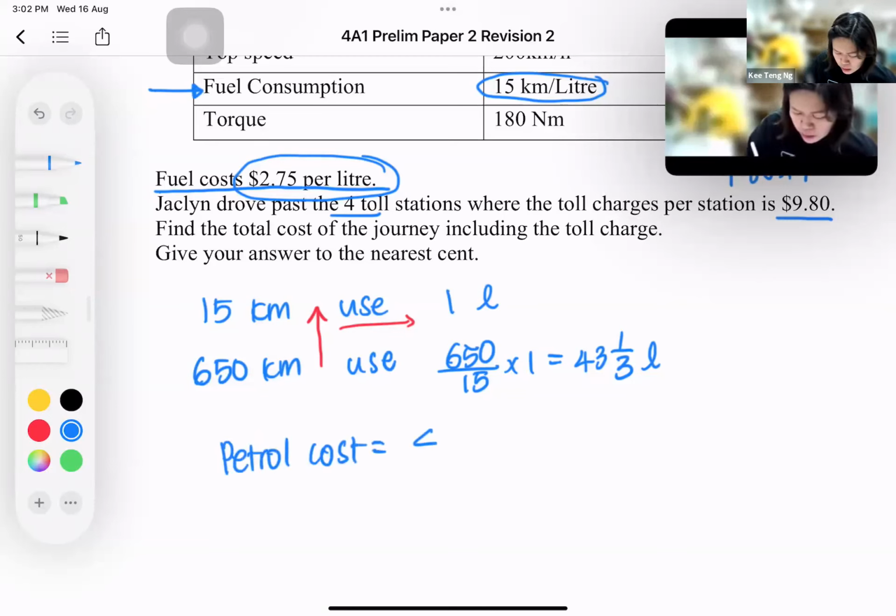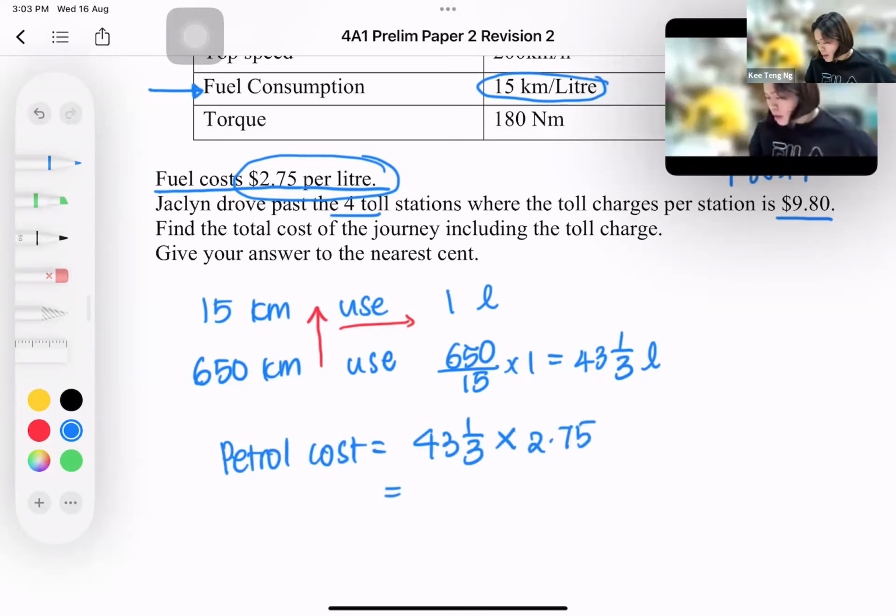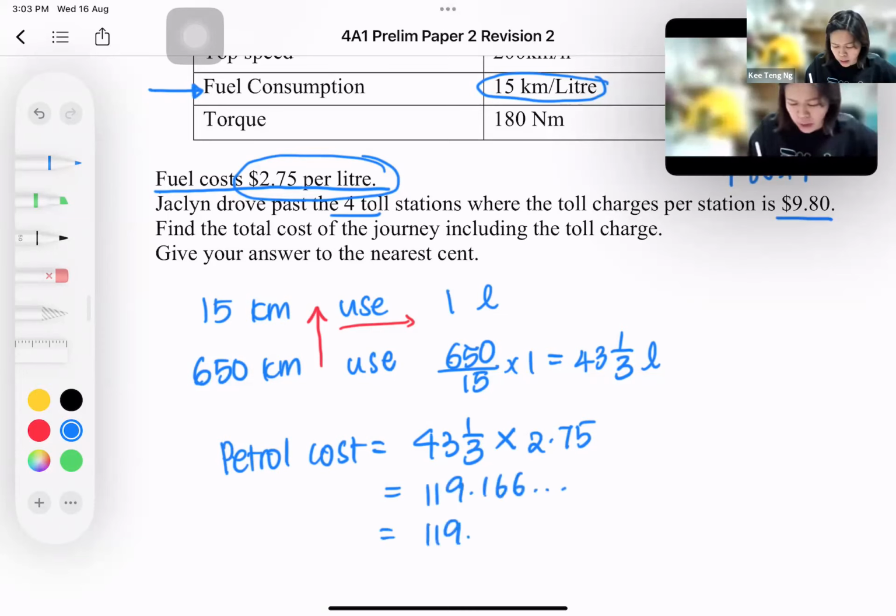That will give me this amount times my price, $2.75. Okay, and money, we should give to 2 decimal places. So in this case, I get 119.16666. Okay, then round off 119.17. Nearest cent means 2 dp.